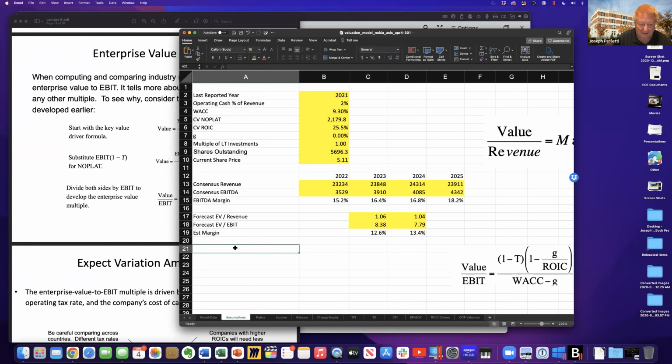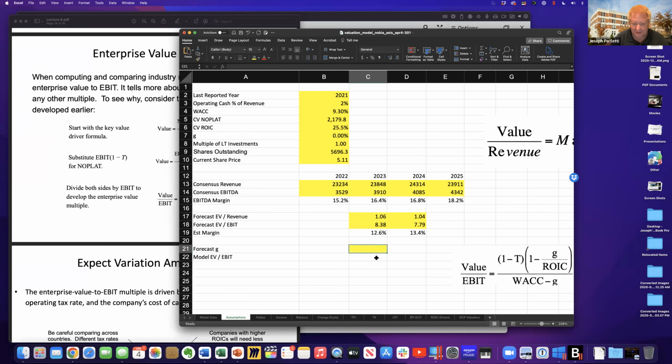So I'm going to put in a forecast G. And then what I'm going to do is create a model EV to EBIT for 2023, make it yellow, such that this EV to EBIT will match that EV to EBIT. Okay, based on solving for a G.